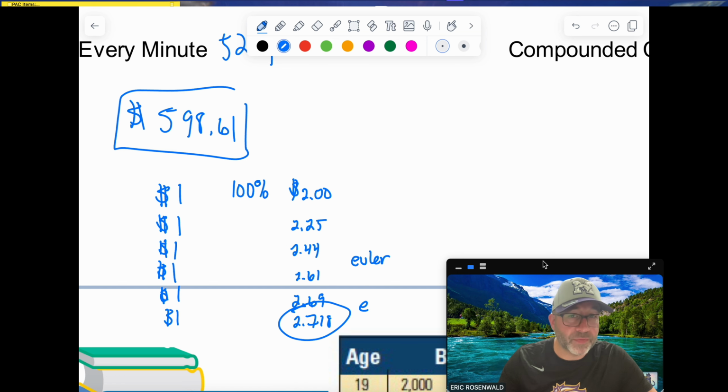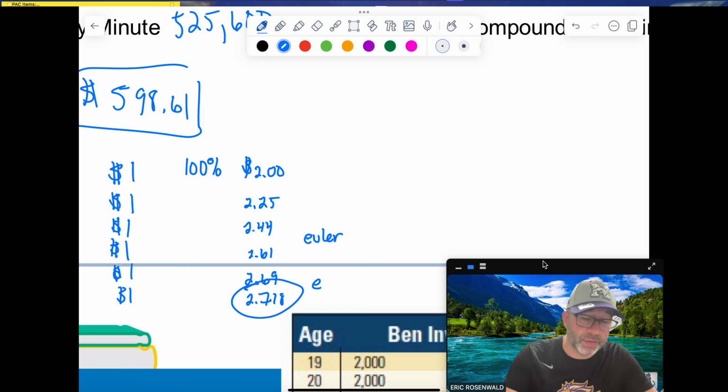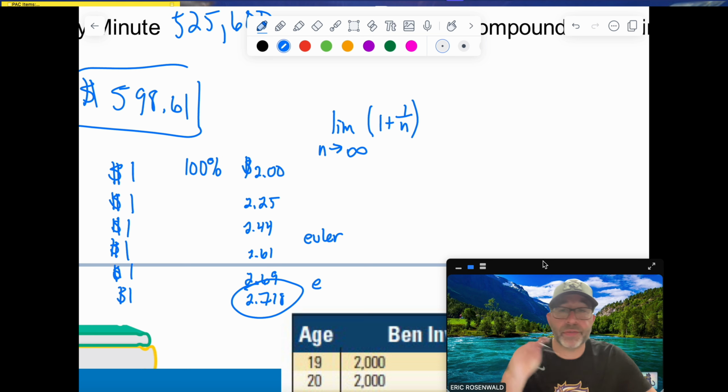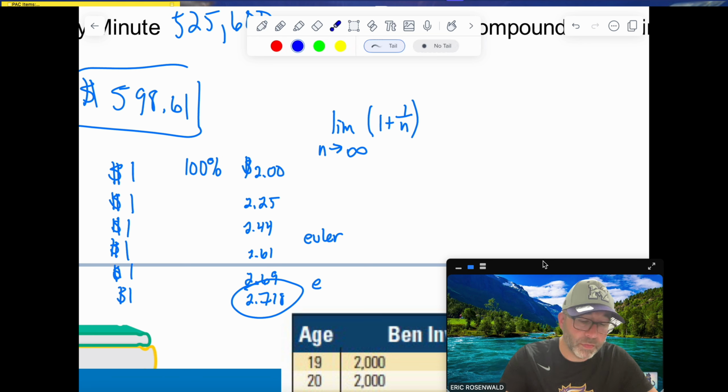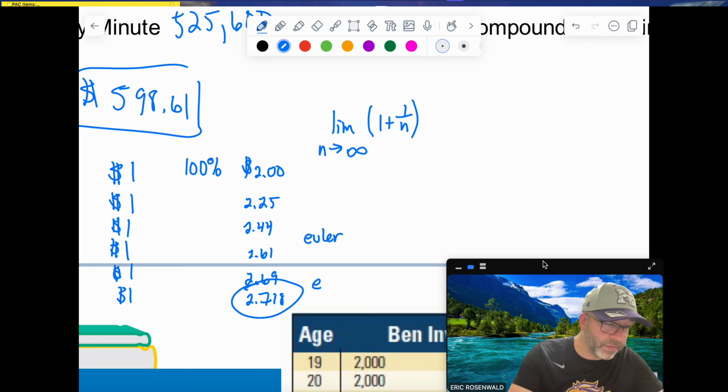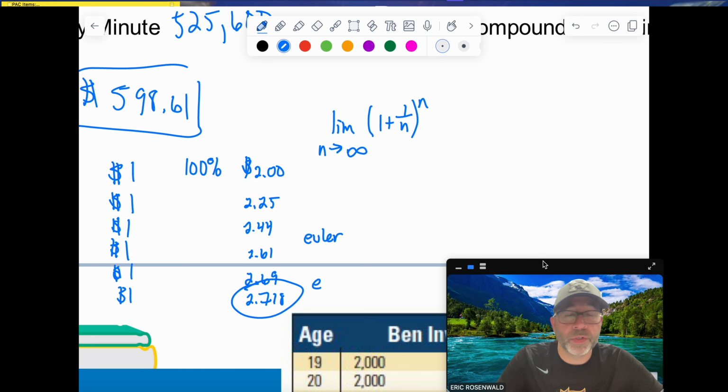And where does this come from? Well, this is calculus. This is where limits come into play. He found that the limit as n got really large, as n approached infinity, of 1 plus 1 over n, so this is if I took a 100% interest rate and divided by n, as n gets really large, we're going to have n times, which is infinity.